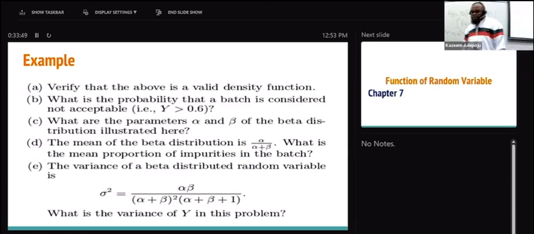Now the next thing, what are the properties of alpha and beta? This is where I want you to see now. For instance, what is the value of alpha? What is the value of beta? Based on what I'm giving, if I really want to know that, I need you to pay attention.